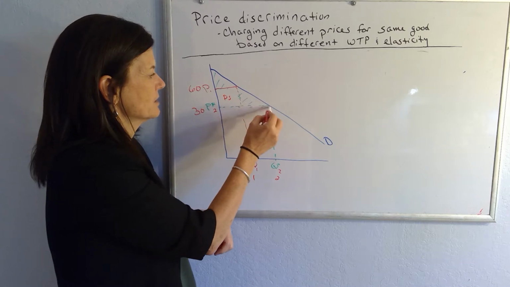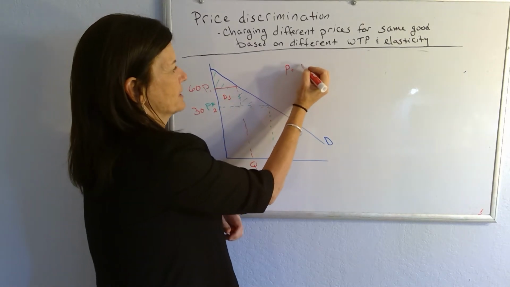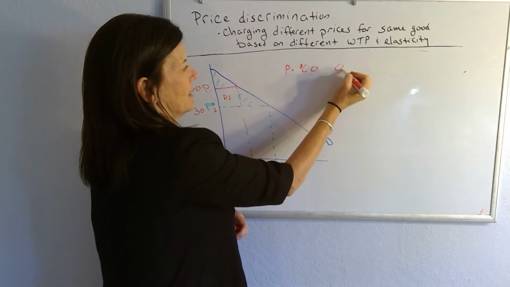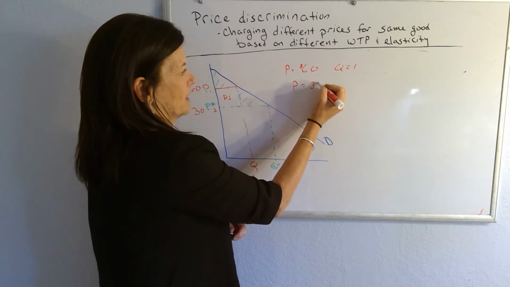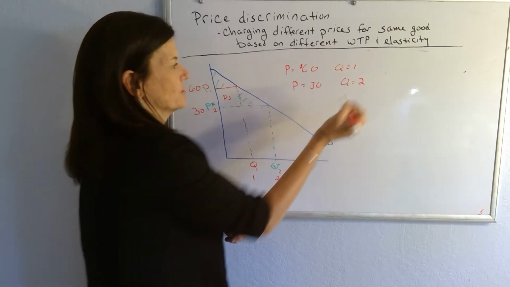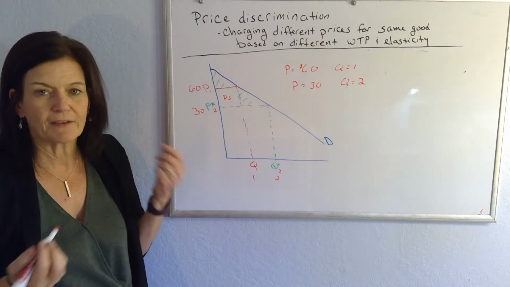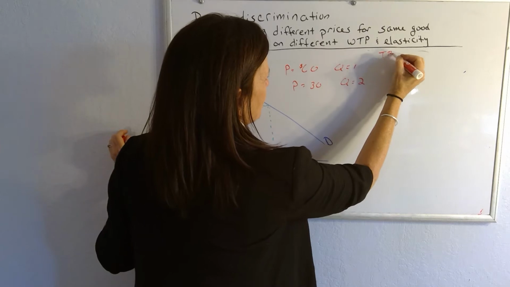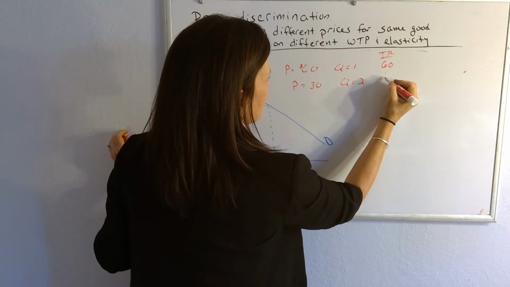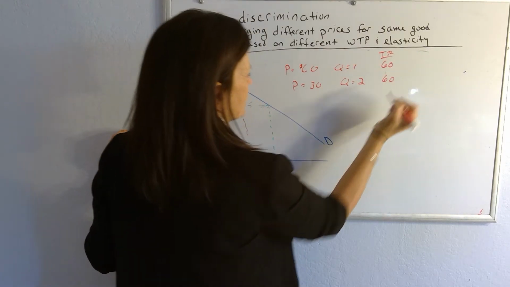And so you could say if the price were $60, I'd sell one. If the price dropped to $30, I'd sell two, if I were just a single price monopolist. And so here my total revenue would be 60, here my total revenue would be 60.